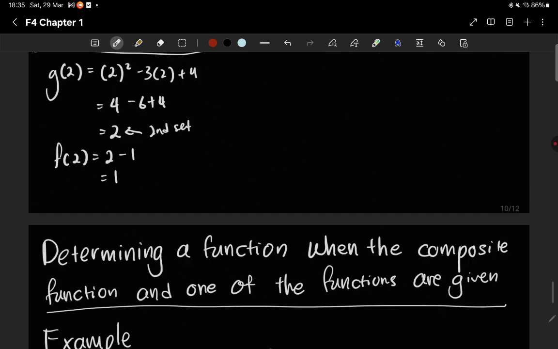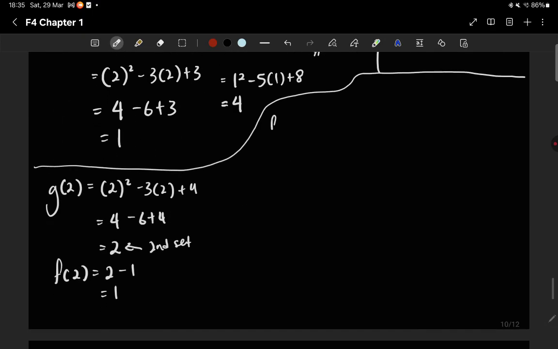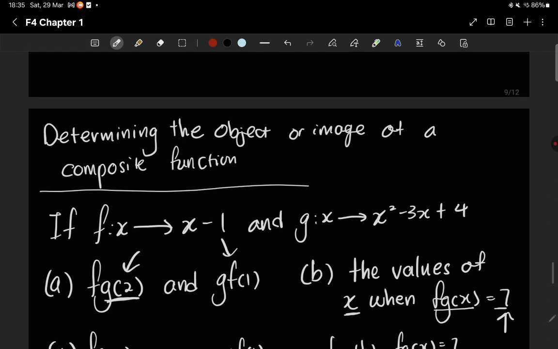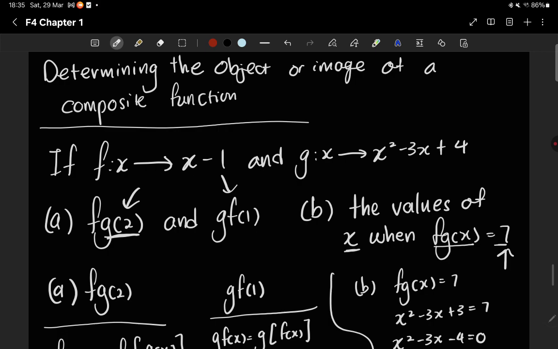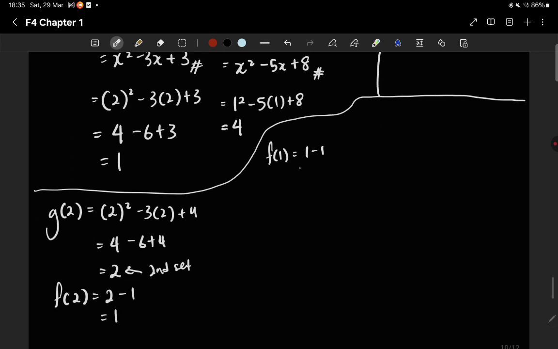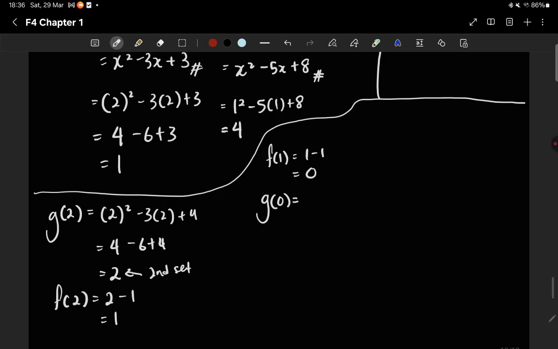So we can find what f of 1 is. If you remember, f of x is x minus 1, and we take 1 minus 1, it gives us 0. So all we have to do is sub 0 into the function g of x. And that gives us 0 squared minus 3(0) plus 4, and our final answer is 4.